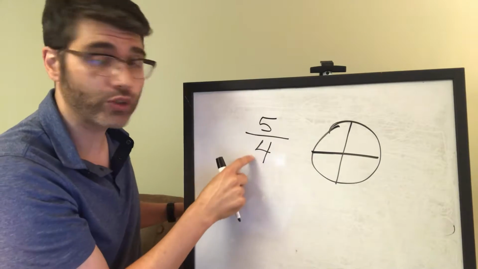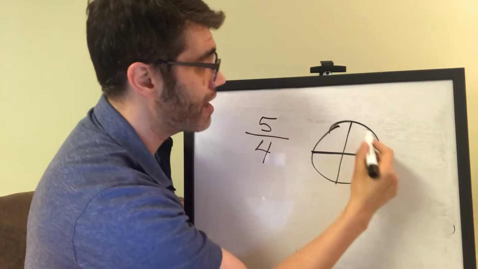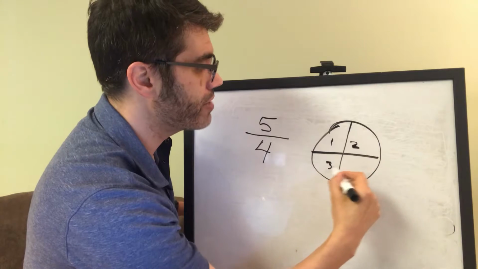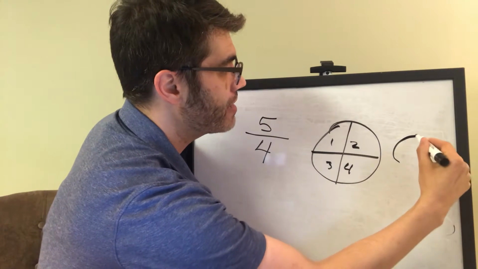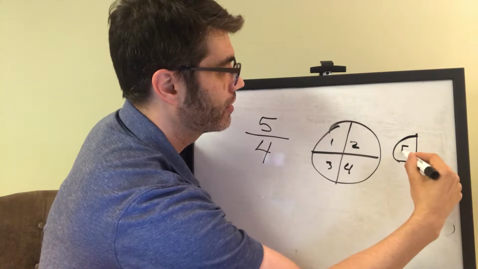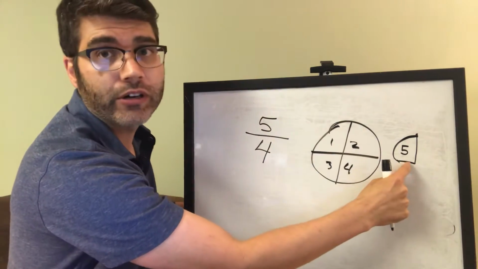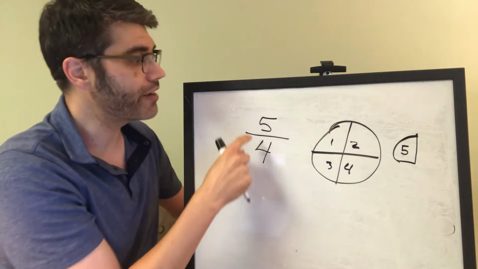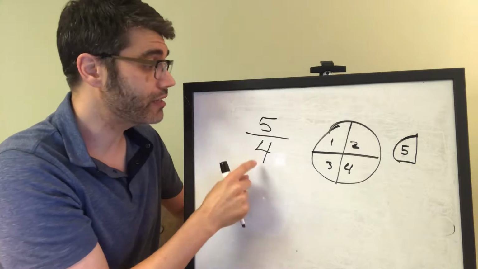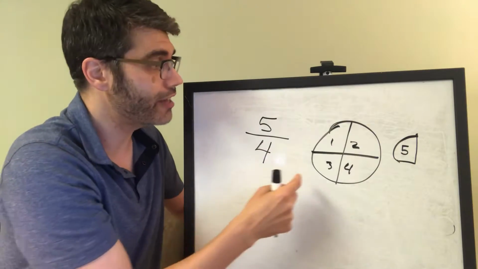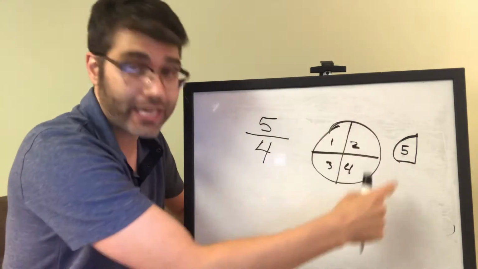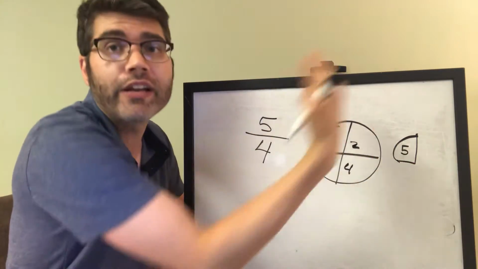I have 5 of these quarters. So that means I have 1, 2, 3, 4, and then a part of another, a quarter of another pizza pie too. So if I want 5 slices of quarter slices, I'm going to be eating an entire pizza plus the quarter of another pizza.